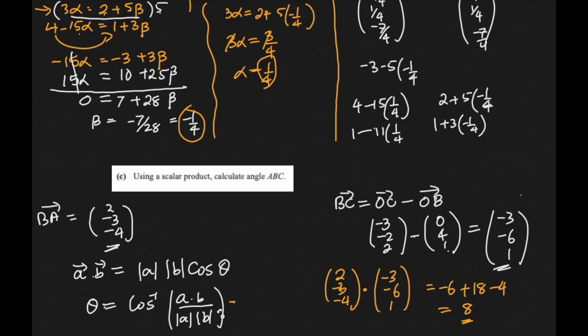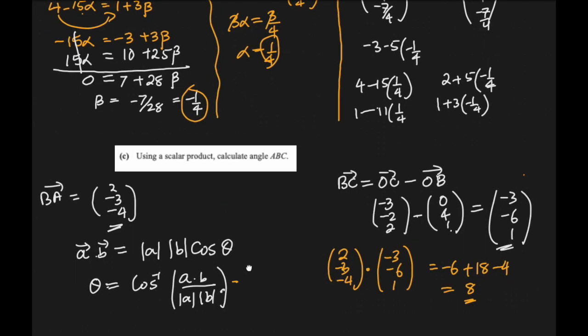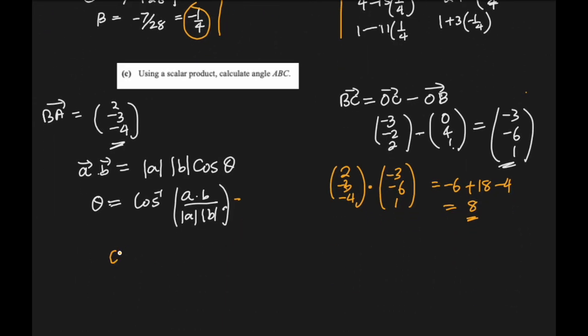So we got here cos inverse of 8 over. Now I have to find the magnitude of A, which is this vector. So the magnitude of BA will be 2 square plus minus 3 square plus minus 4 square. Always put them in brackets. So 9 plus 16, 25 plus 4, 29.